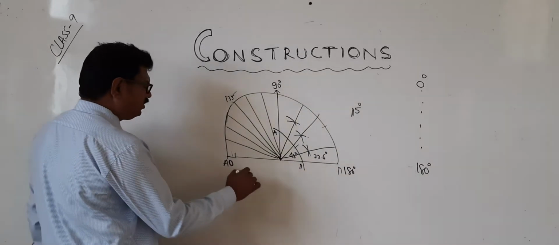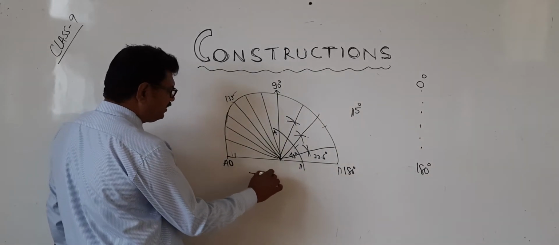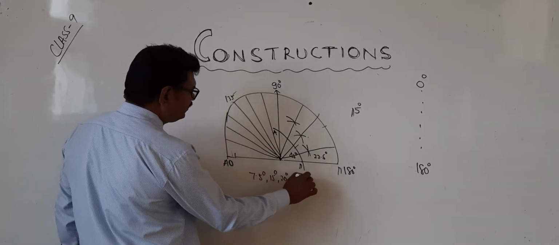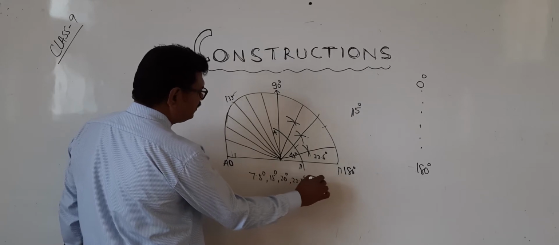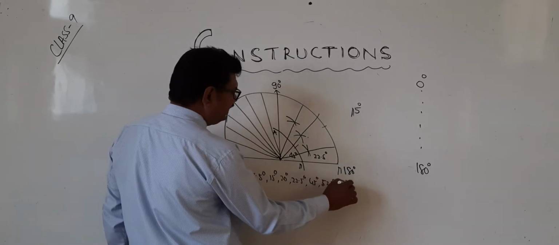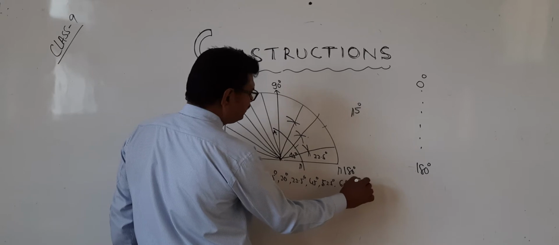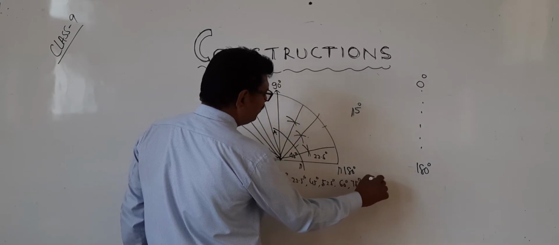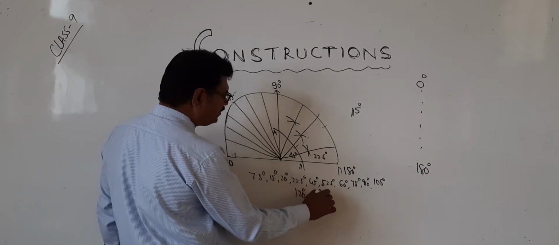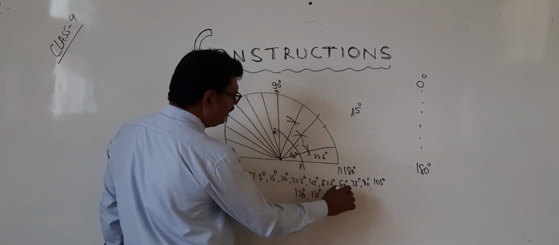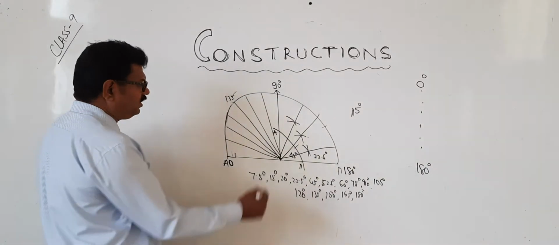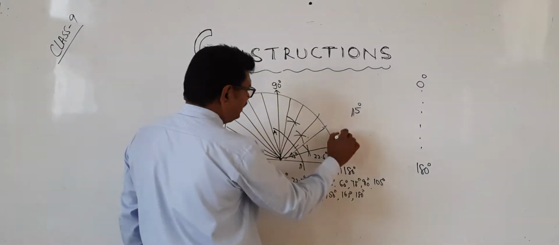That means you can start from 7.5 degrees, 15 degrees, 30 degrees, 22.5 degrees, 45 degrees, next 52.5 degrees, like that 60 degrees, 75 degrees, 90 degrees, 105 degrees, 120 degrees, 135 degrees, 150 degrees, 165 degrees and 180 degrees. So we will form a protractor.